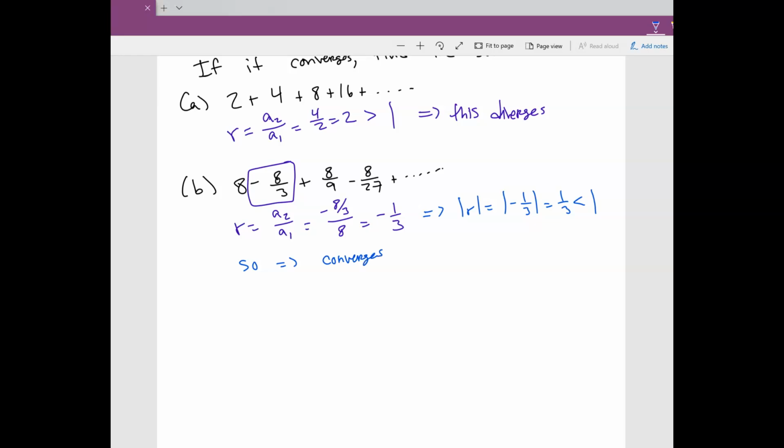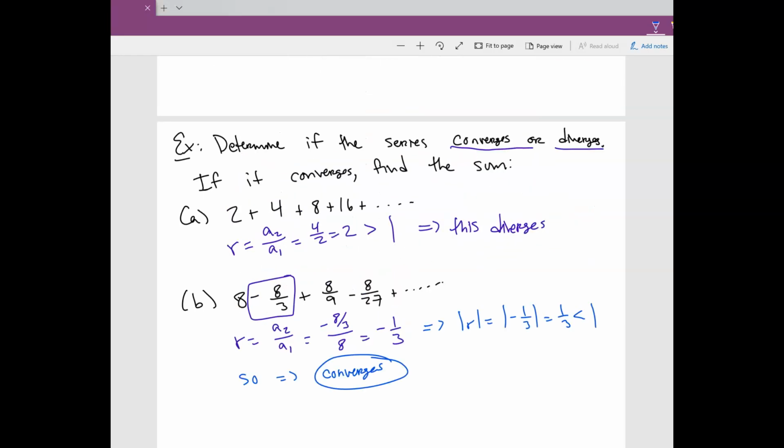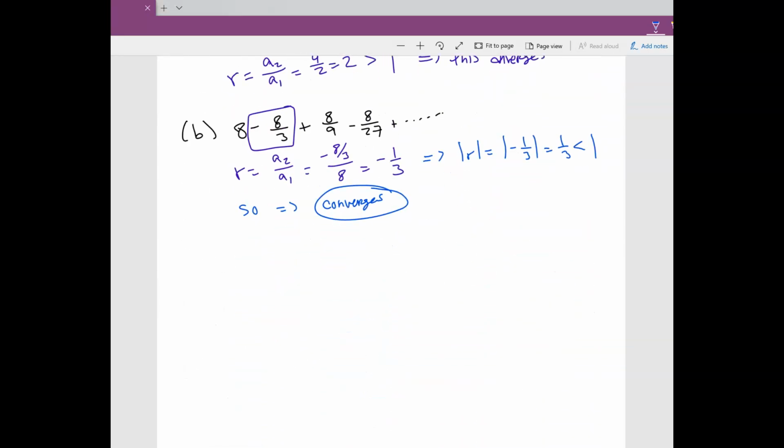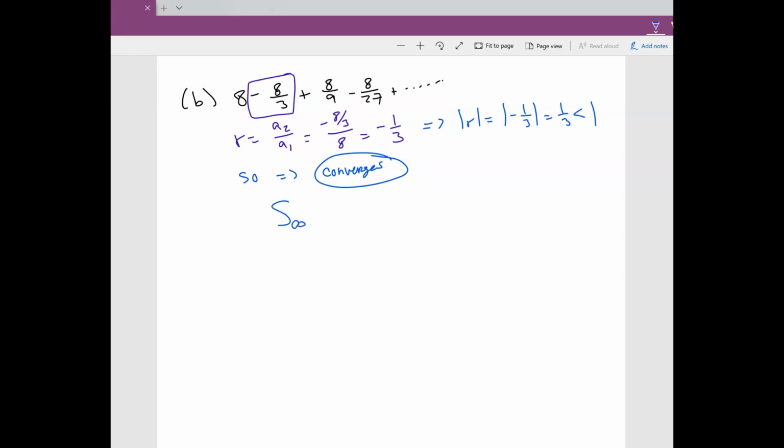Now because this converges, we want to find the sum. The sum of an infinite amount of numbers is given by this formula: s sub infinity is equal to a over 1 minus r. A is the first term, which in this case is 8, divided by 1 minus r.